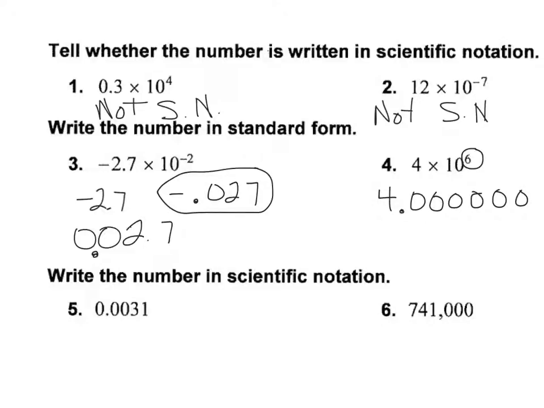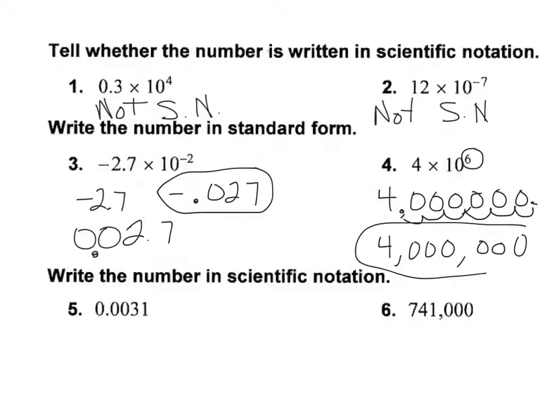Now I just have to move the decimal 6 places: 1, 2, 3, 4, 5, 6. And I'll need to put a comma in every 3. So I get 4, comma, 0, 0, 0, comma, 0, 0, 0. 4 million would be my answer.